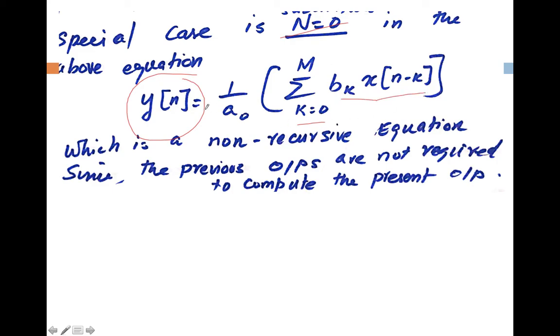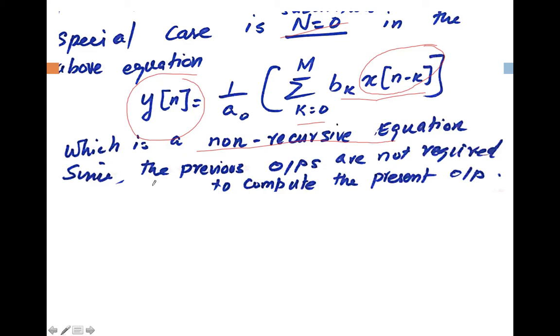Here the output of the discrete time system depends purely on the present and past input. Listen carefully: present and past input. If any system satisfies this property, then the system is called a non-recursive system. So this is called a non-recursive equation.